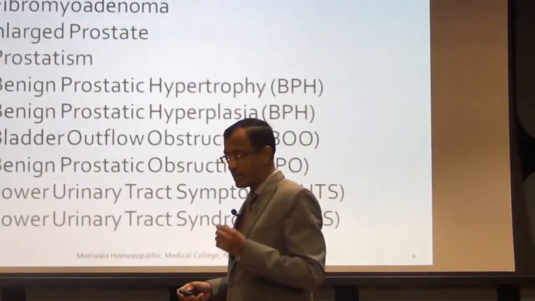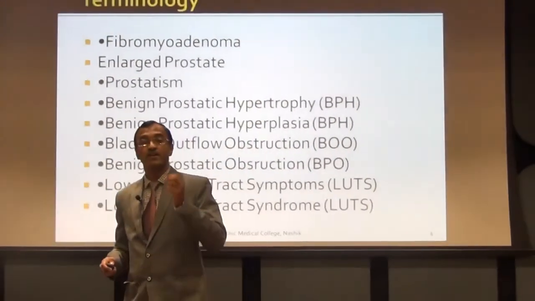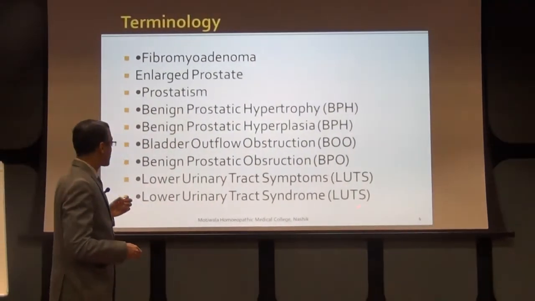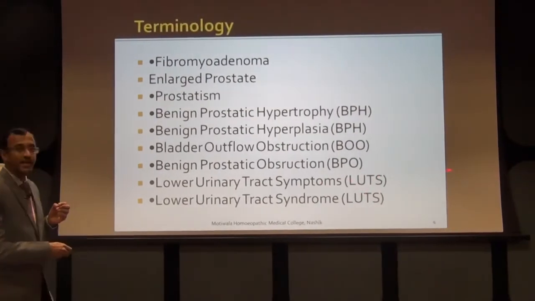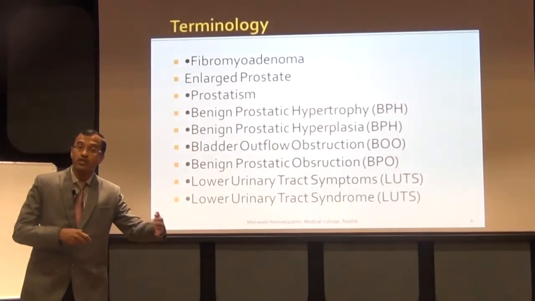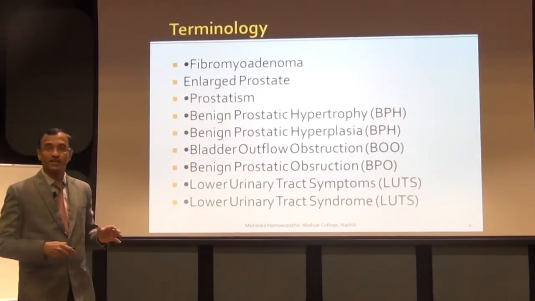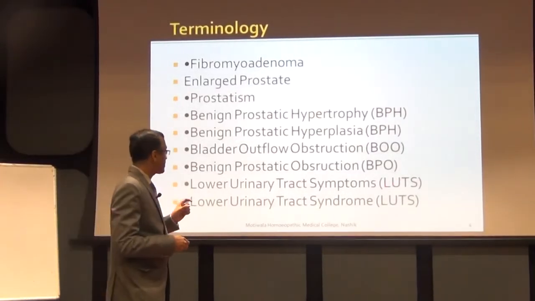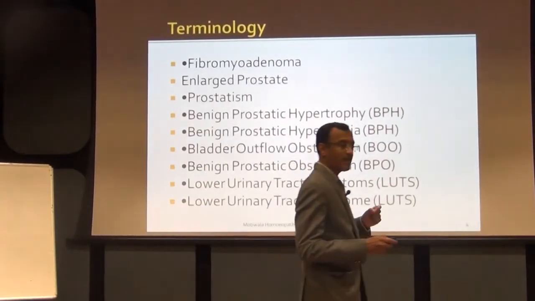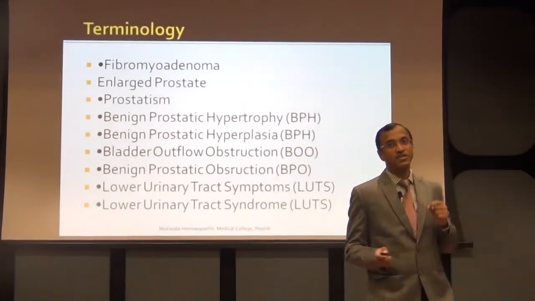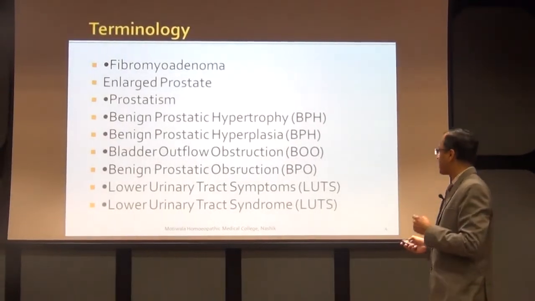In benign prostatic hypertrophy you will find a lot of symptoms contributing at the level of the lower genitourinary tract, so the word LUTS is used to indicate prostatic hypertrophy.